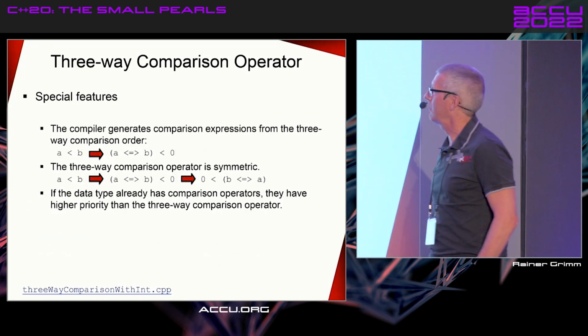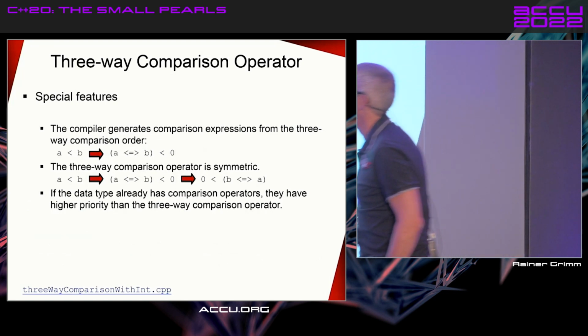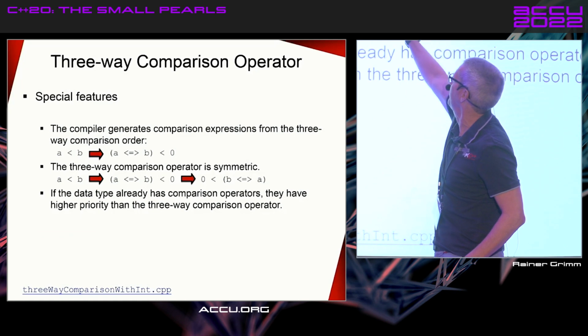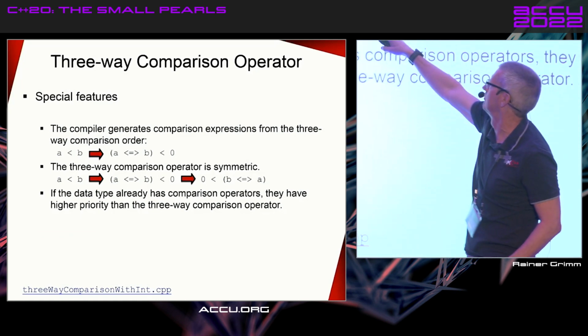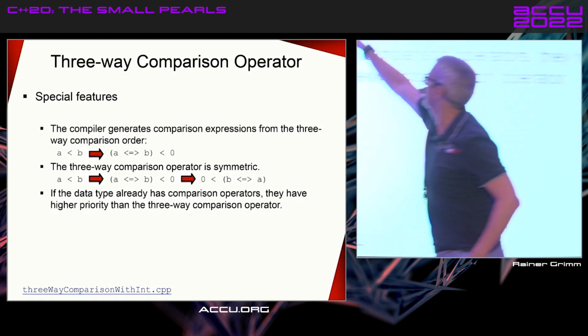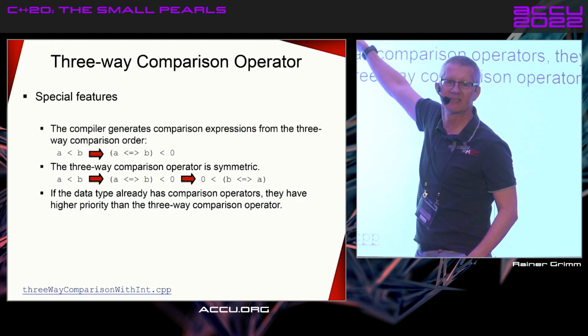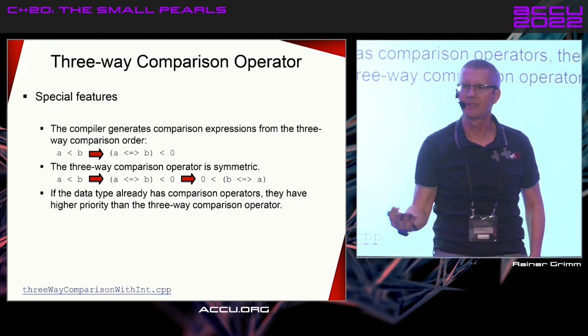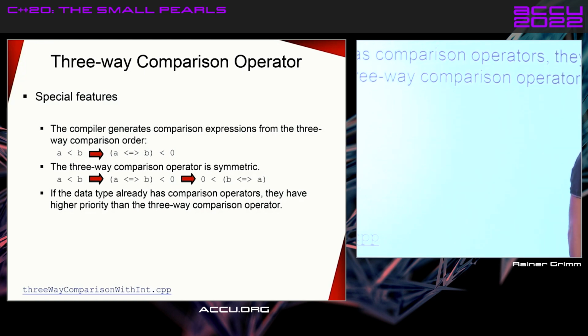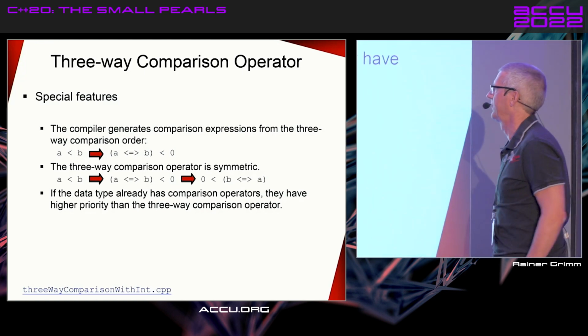Here's something very interesting, which is nice. When you do something like a smaller b, the compiler rewrites it to this expression, and this is what the compiler is doing. So the compiler applies implicitly the three-way comparison operator. And here's the nice observation.